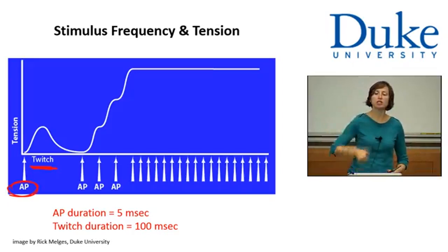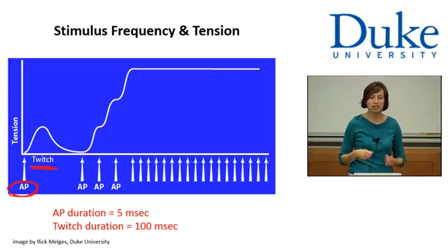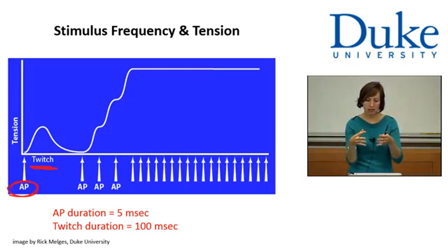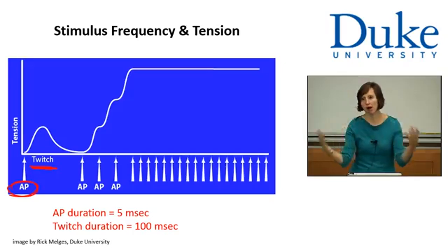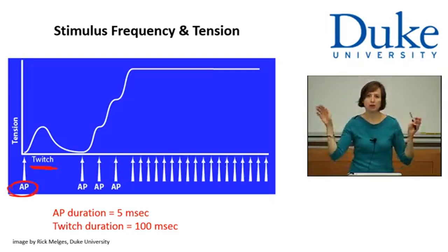So although we have this huge increase in calcium, it's also going to decrease in concentration in the cytosol very quickly as well. And as you can imagine, it takes time for the calcium to diffuse into the myofibril and to bind troponin, cause tropomyosin to come off the actin to allow for the myosin to go through its cycle.